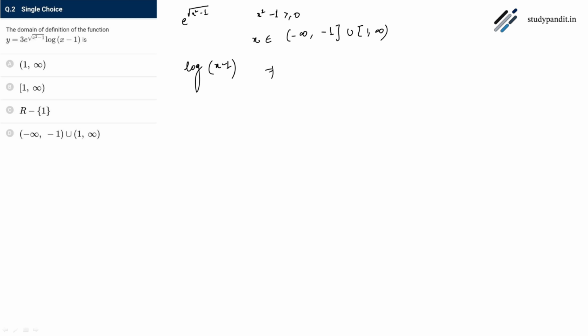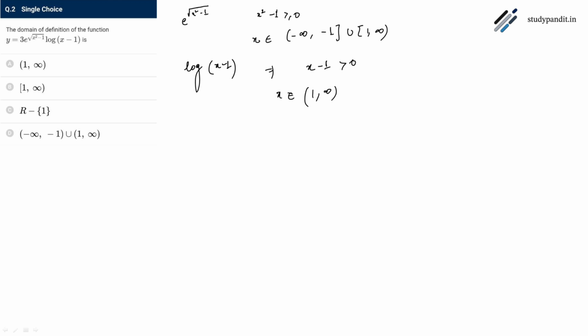and the domain of this function log x minus 1 will be x minus 1 greater than 0. So the domain of this function will be x belongs to 1 to infinity.